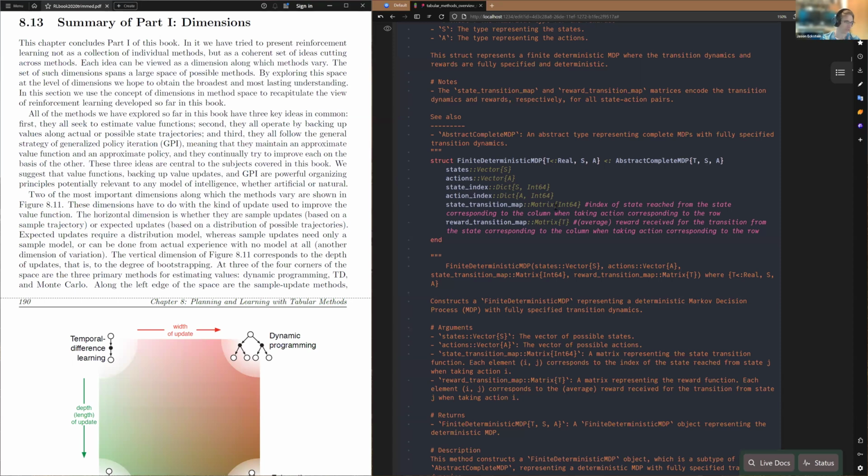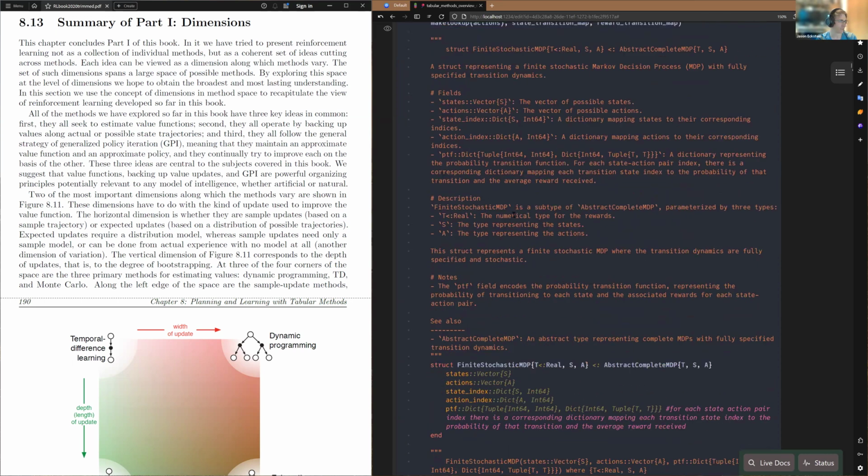And then for the state transition map, it just has an integer, which is the index of the state you end up in. And for the reward map, it's just the actual numerical reward, or it also could be the expected reward. It doesn't actually change the math if there's a distribution of rewards or a single reward, but this value should represent the expected value of the reward for that state action pair.